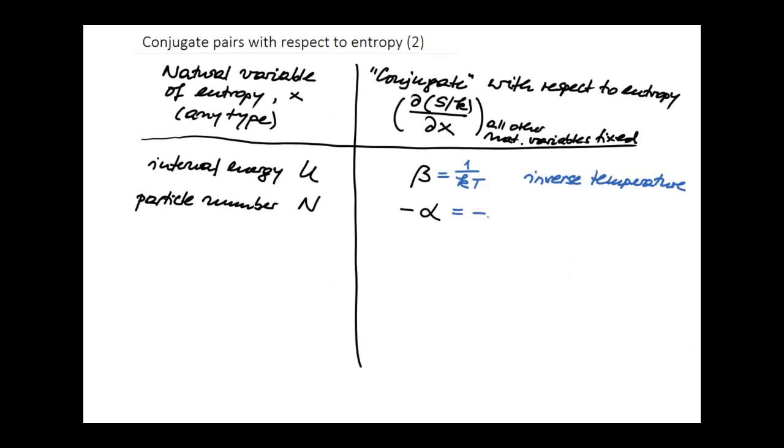So this must be equal to minus beta mu. In other words, the alpha is the same as the product of inverse temperature and chemical potential. This is less intuitive to grasp than the chemical potential. And in many applications, we will work only with the chemical potential, but you can just as well work with the alpha.